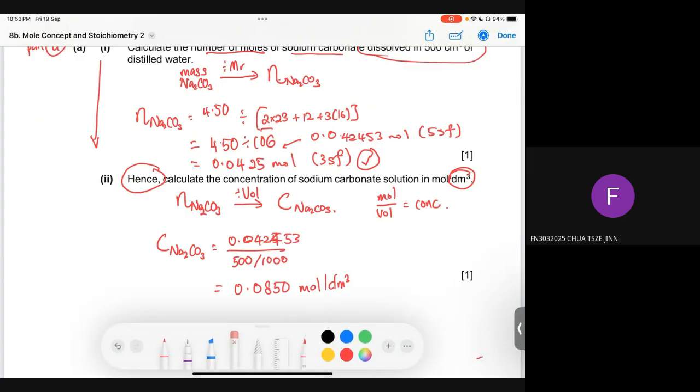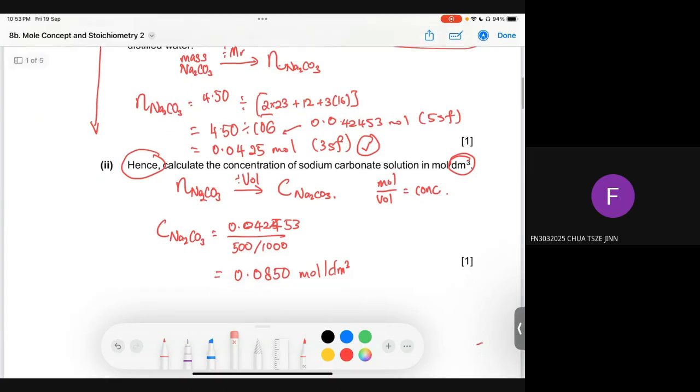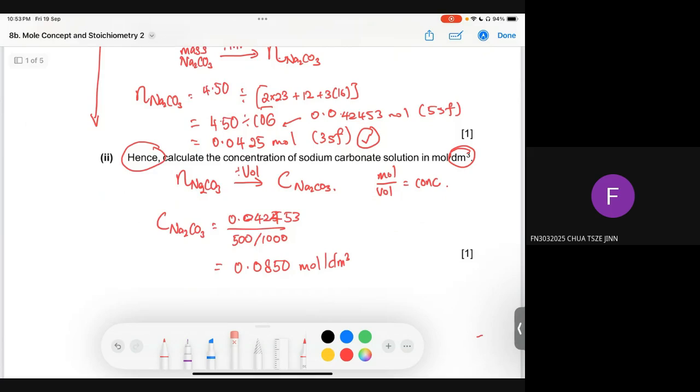In school, you should do this. But in O levels, they are fine with using the answer from the previous part, 0.0425, to calculate the next part. For now, let's just do the school way. So it will be 0.042453 divided by 500 over 1,000, and your answer here will actually be 0.0849 in 3 SF.